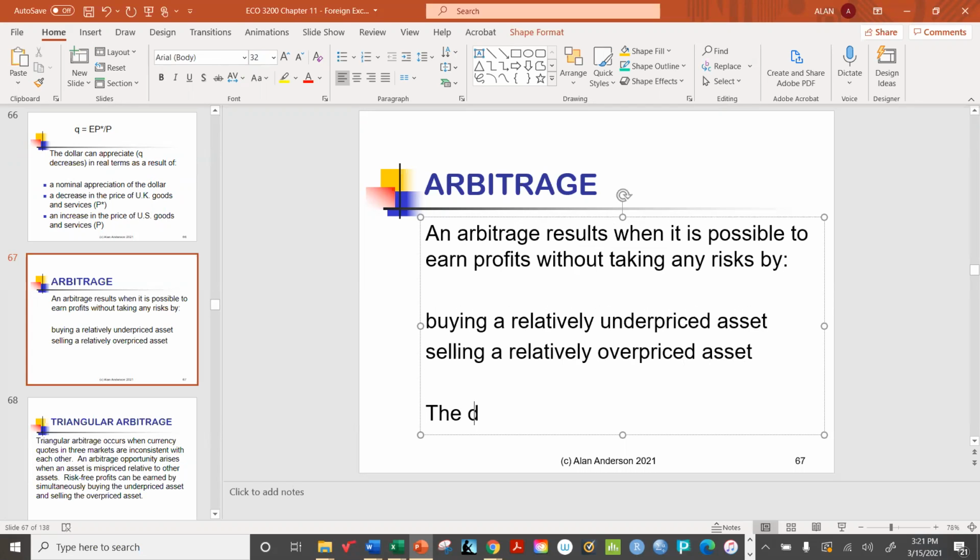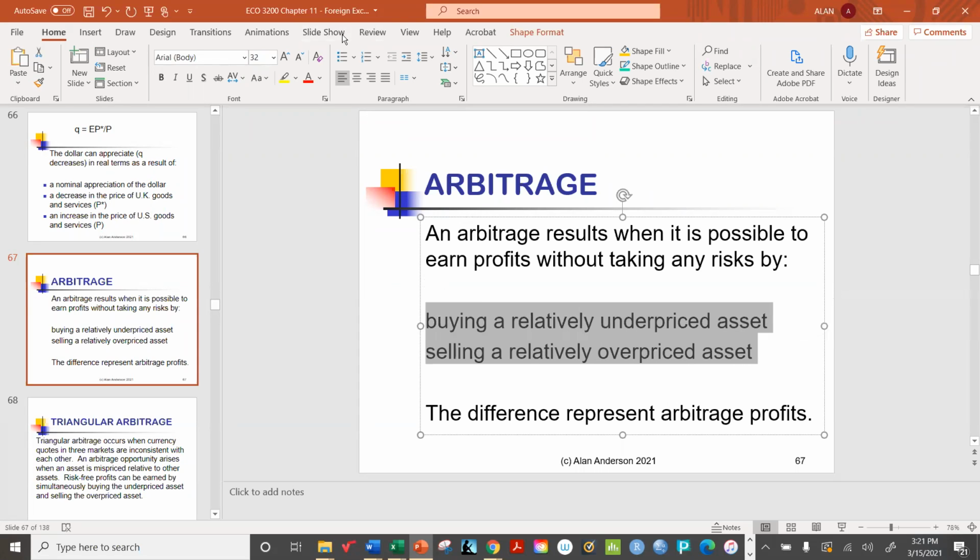The difference represents arbitrage profits. Now, that's a strange idea, that you could actually buy something that's too cheap, sell something that's too expensive, and put money in your pocket.